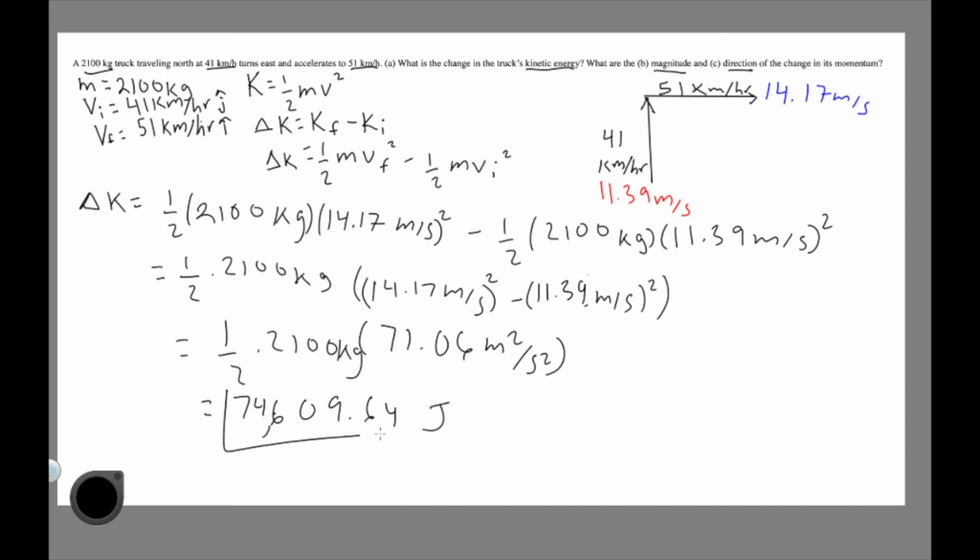So this is going to be the change in kinetic energy of the truck.